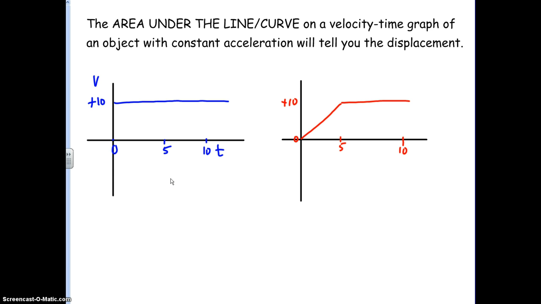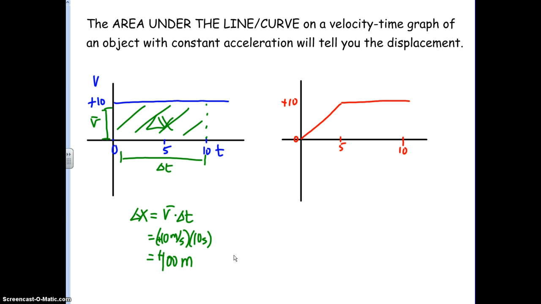Well, how did we do that? What we actually did was find the area of this rectangle right here. You can see the velocity that it traveled at the entire time was 10 meters per second in the positive direction. It did that for 10 seconds.